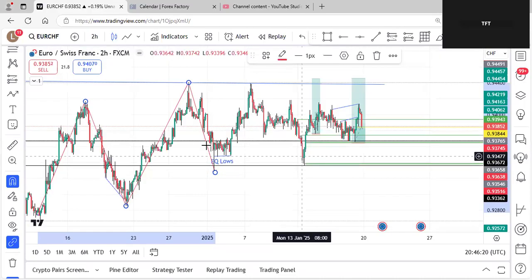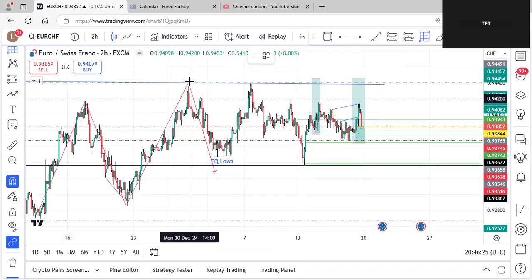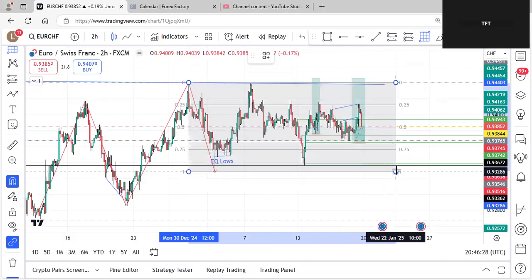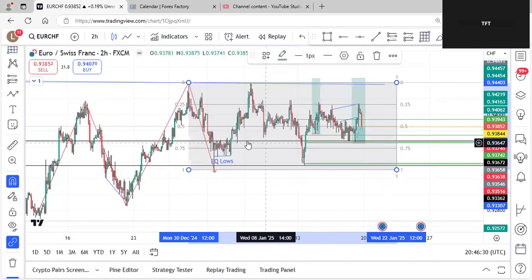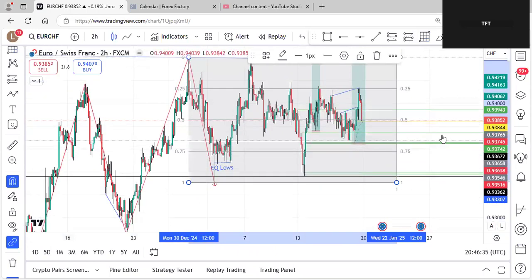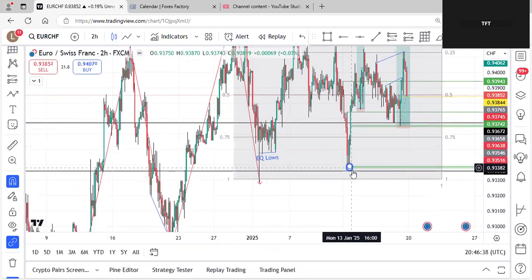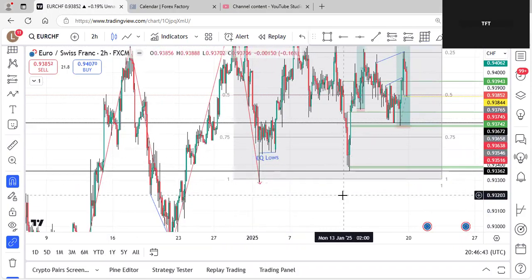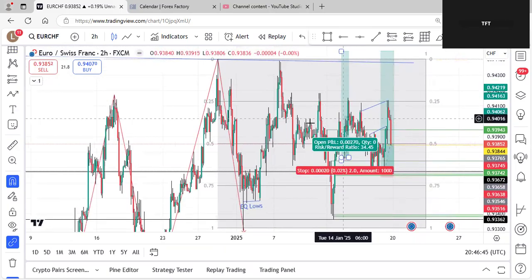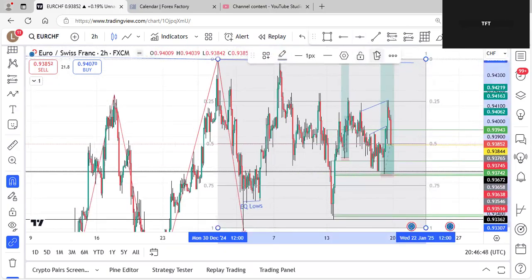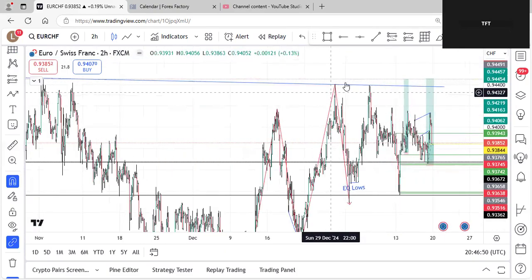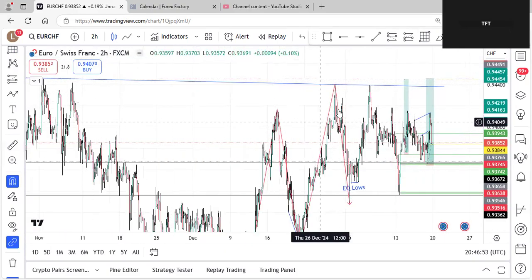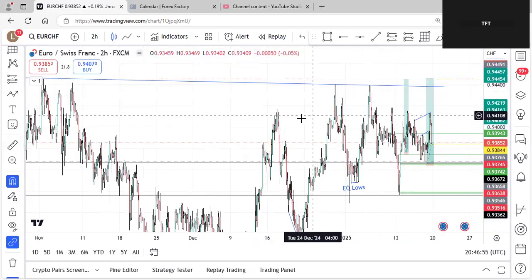So pulling back deep into this, I would say bottom 25% of this sort. Obviously, it sweeps into it from this range here, pulls into that nicely, and then starts breaking to the upside.